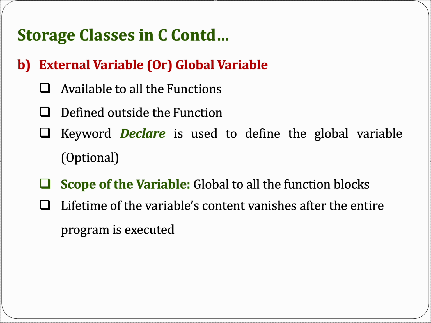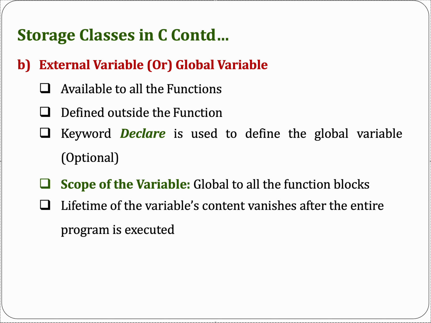The scope of the variable generally tells us wherever we can access the variable. If it is a local variable, it can be accessed only within the function. The scope of a global variable is that it can be accessed anywhere, outside the function also.